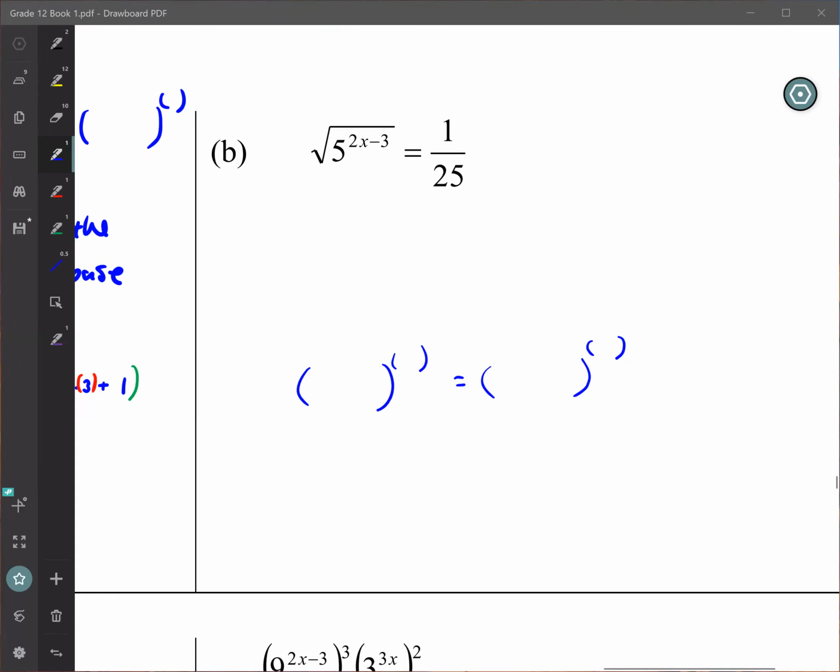So Donna, what's the base that we want to change to? 5. Yeah, okay, so the same base should be 5. Everyone else, please keep trying.